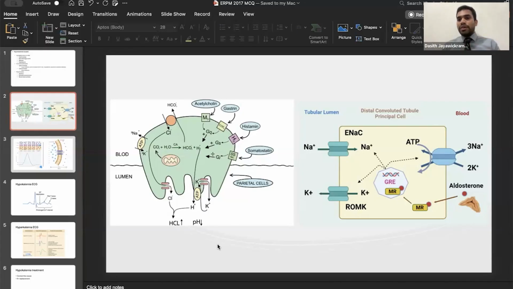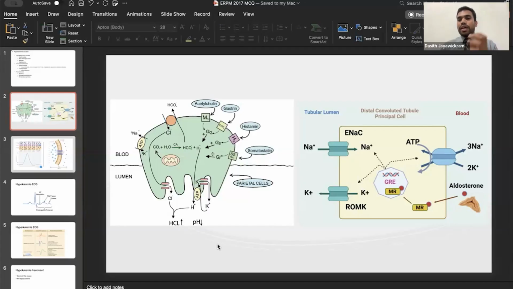You know, when we go into dehydration, our renin-angiotensin-aldosterone system is activated, and with that there's stimulation of secretion of aldosterone, a mineralocorticoid.